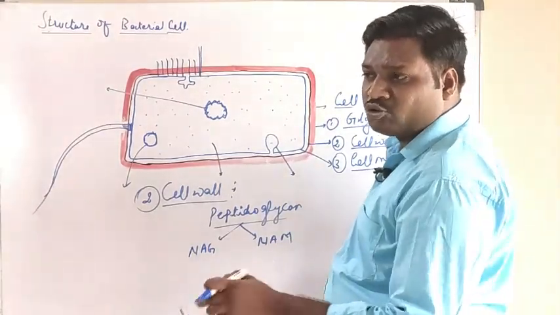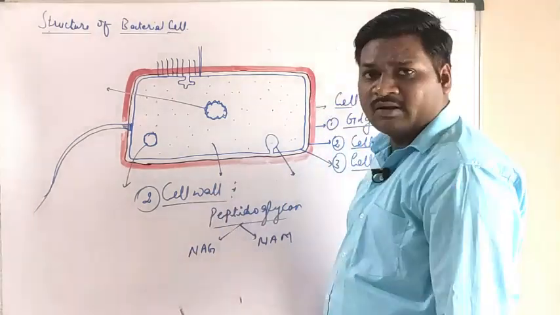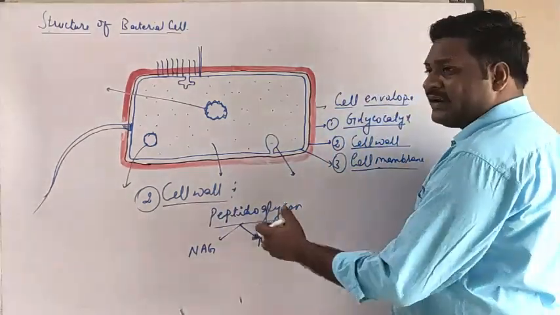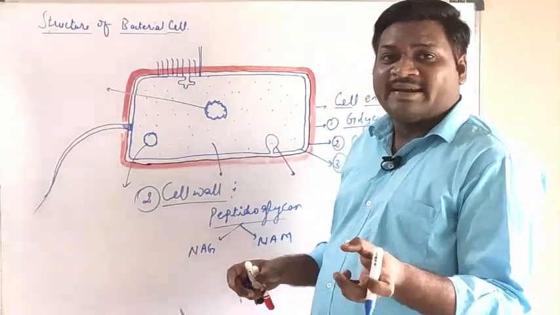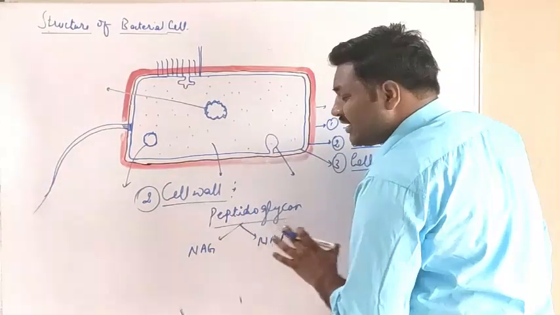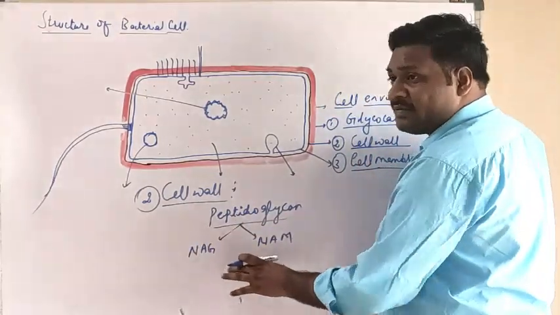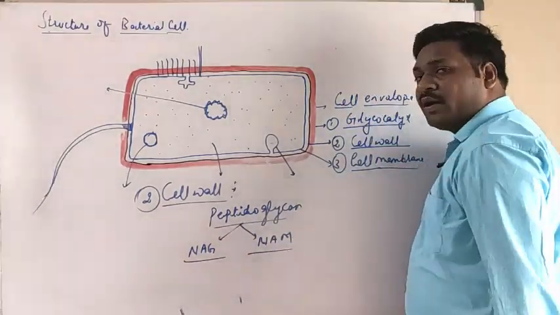These are the two components which form the peptidoglycan. It is not just a polysaccharide; it also involves peptides, the polypeptide. So there is a cross linking of these polymers, N-acetyl glucosamine and N-acetyl muramic acid.